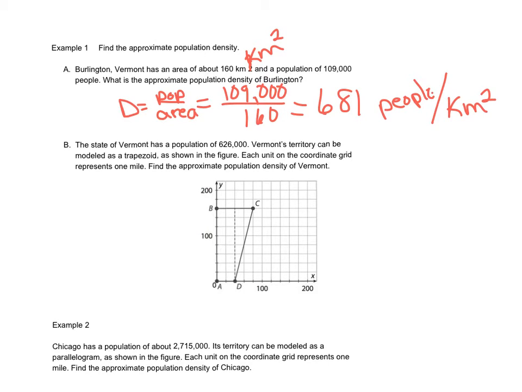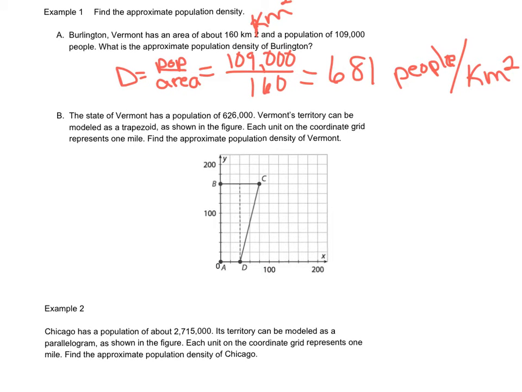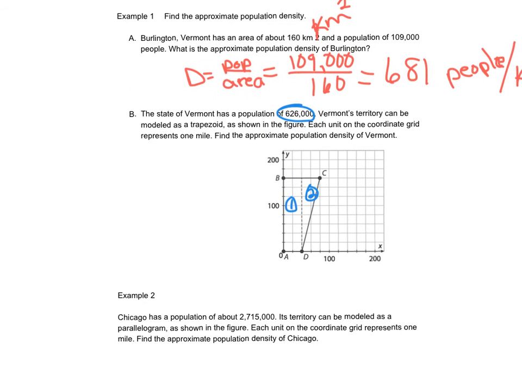Now, the next one doesn't give us area. It gives us the population, but we have to find the area. And we can just find the area of both of these shapes. So shape 1 is simply length times width. Now notice on here that these go by 20s: 20, 40, 60, 80.